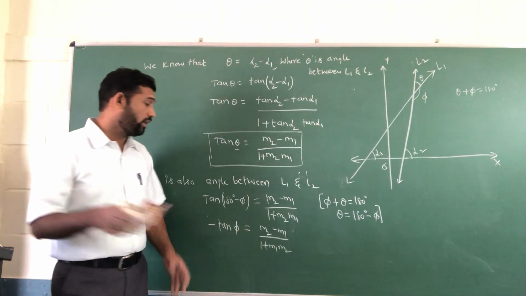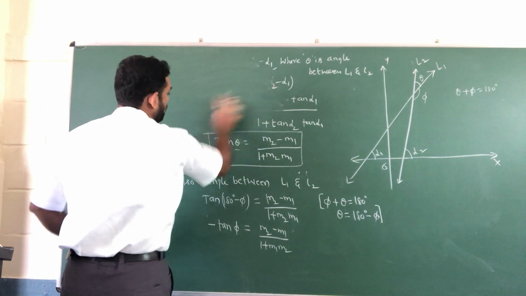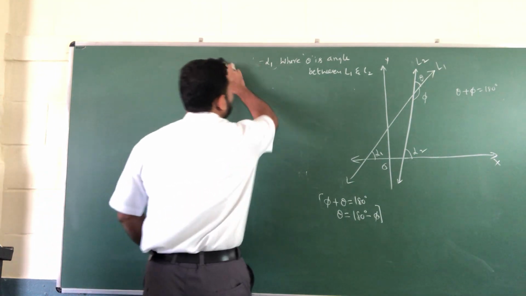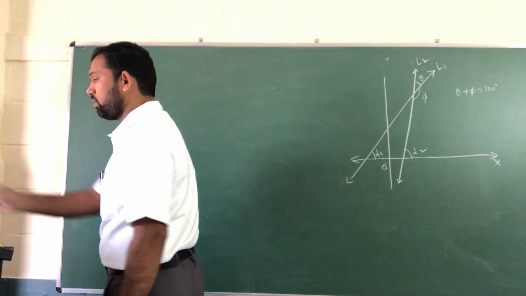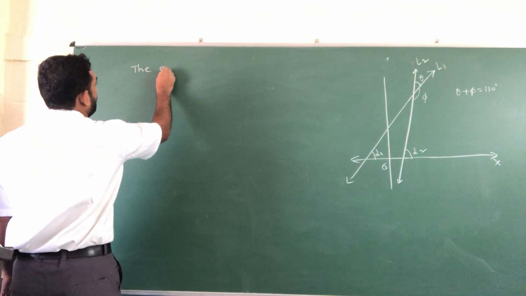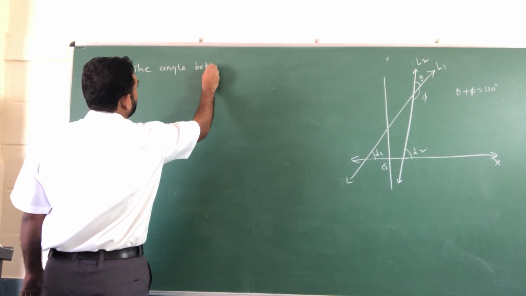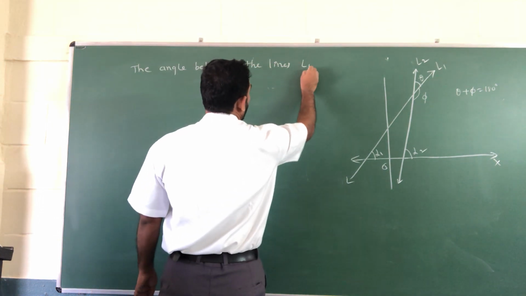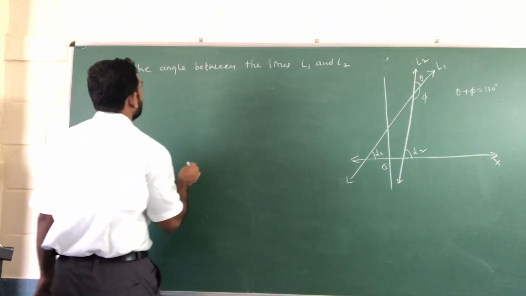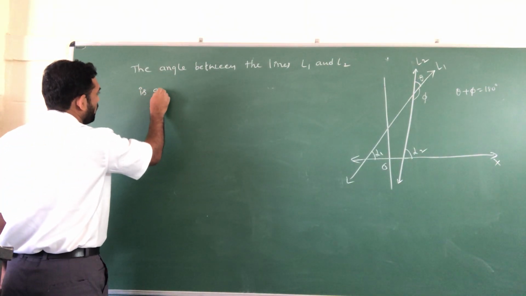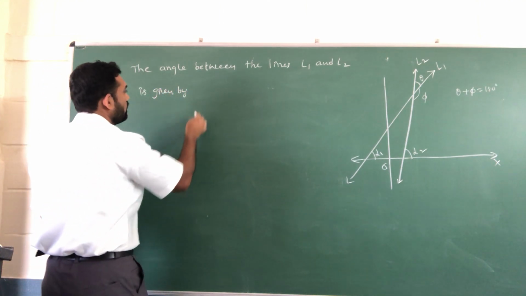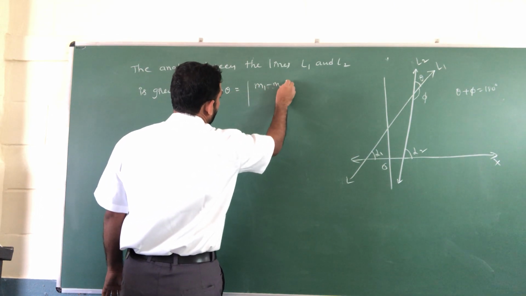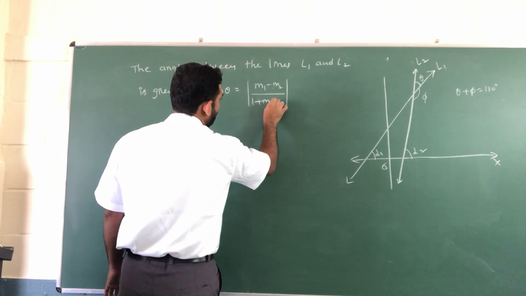So the final conclusion, what we have to write: the angle between the lines L1 and L2 is given by tan theta is equal to modulus of m1 minus m2 divided by 1 plus m1 into m2.